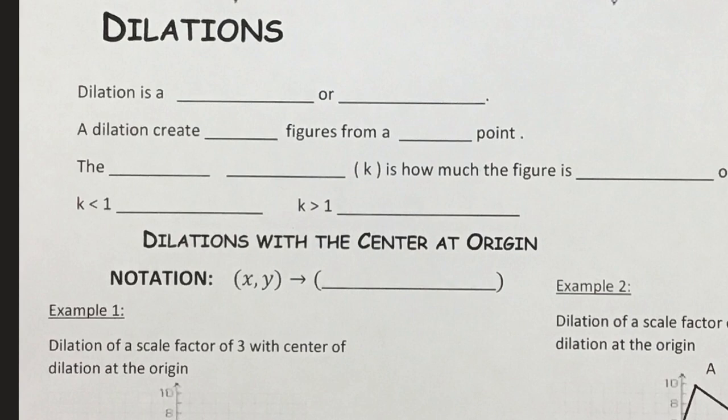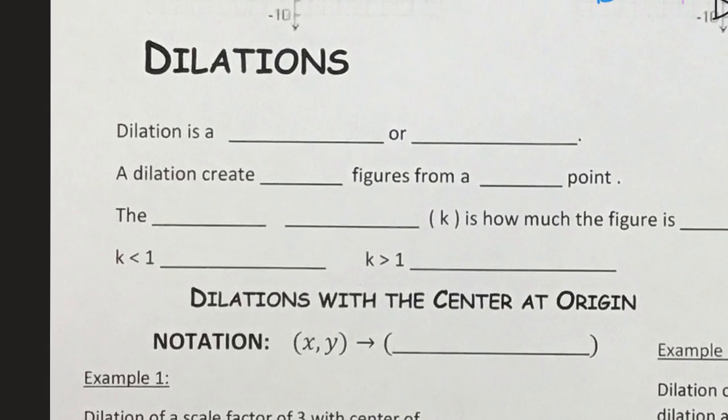So a dilation is either an enlargement. That happens when your pupils get larger to let in more light in the dark. If you walk into a dark room, your pupils open up as much as they can to let in as much light as possible so you can see, because without light you can't see.